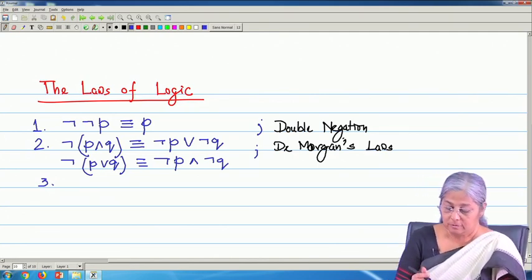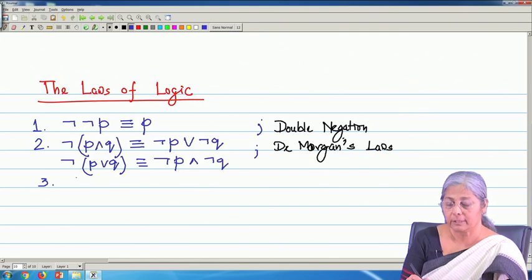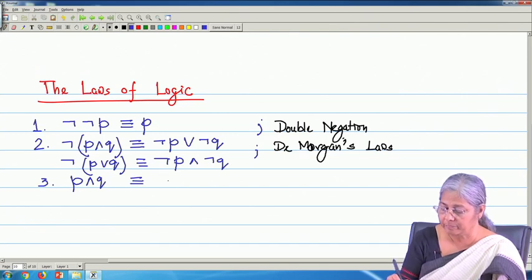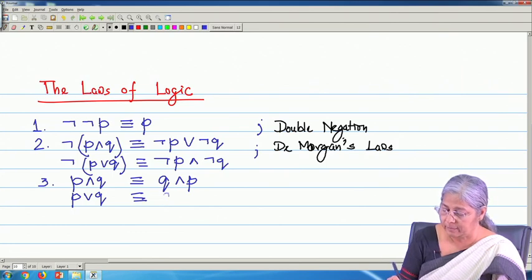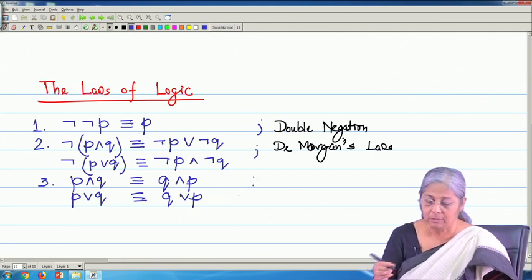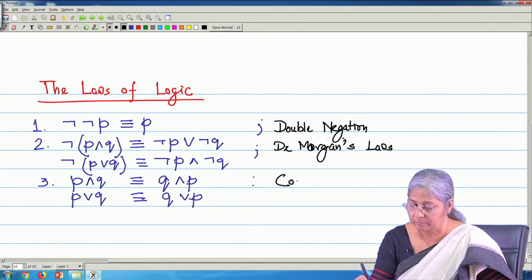First, if I consider the connectives, the conjunction, P and Q is equivalent to Q and P. Then P or Q is equivalent to Q or P. This we call our commutative laws.